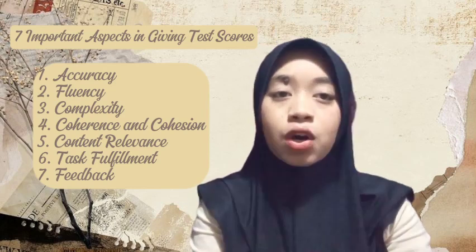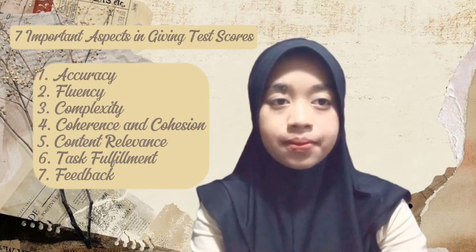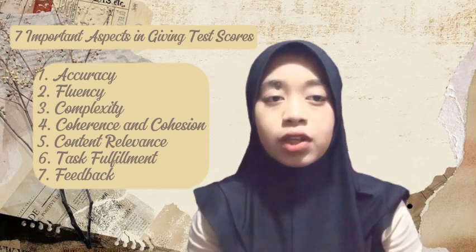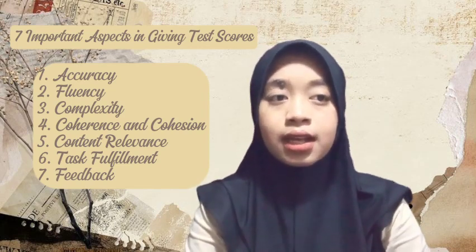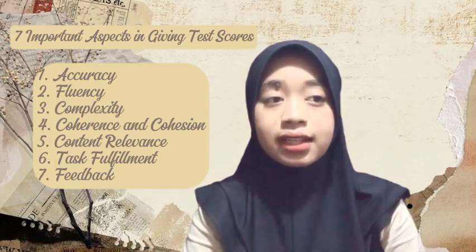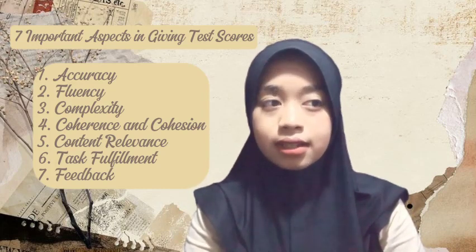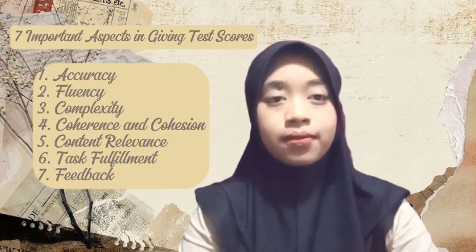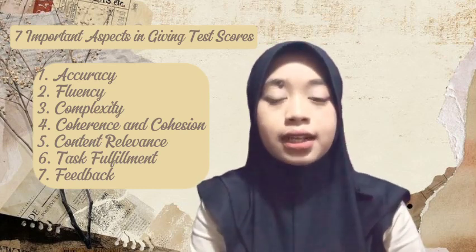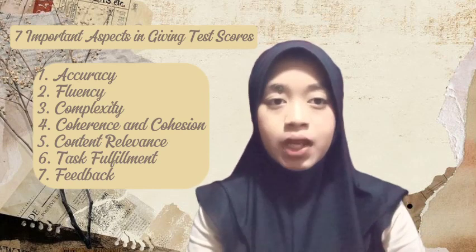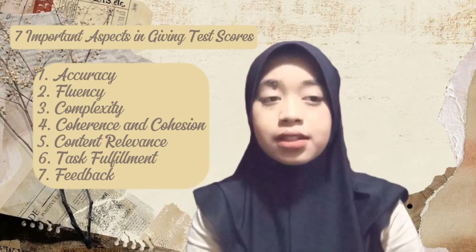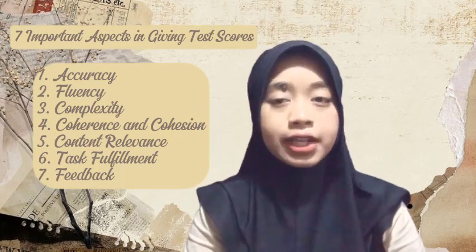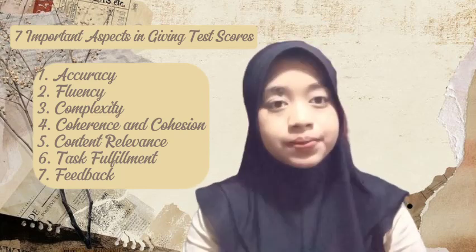The next is coherence and cohesion. Coherence and cohesion looks at how well the ideas are organized and connected. The next is content relevance. Content relevance checks if the answers are related to the questions or tasks.